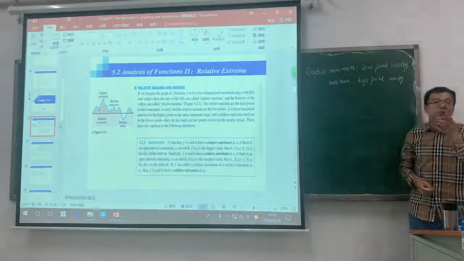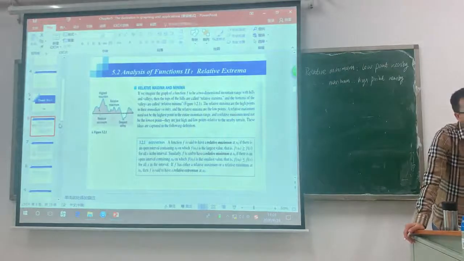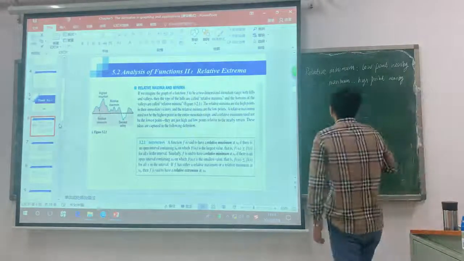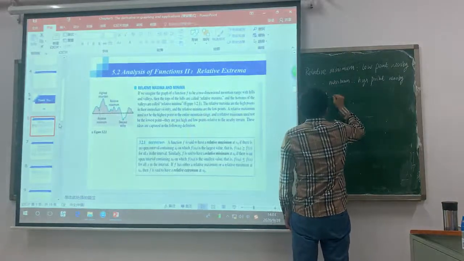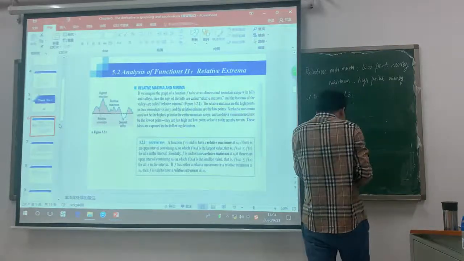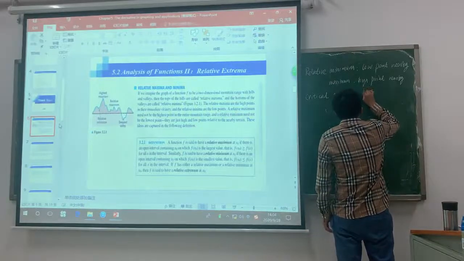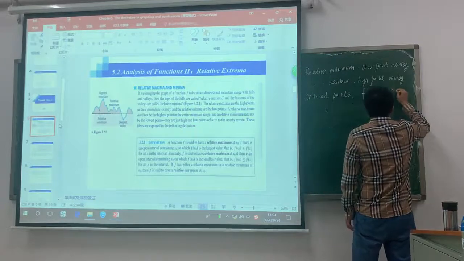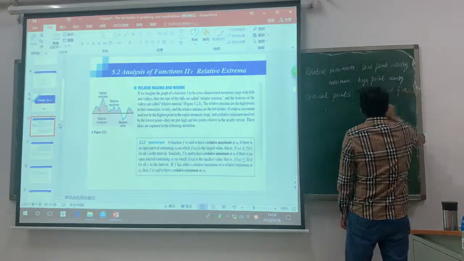And then we introduce the critical points. So what's the definition of critical points? Critical points means the derivative equal to 0 or the derivative does not exist.